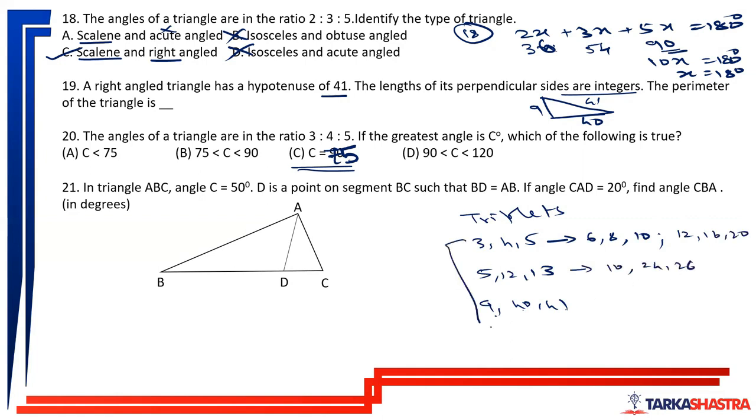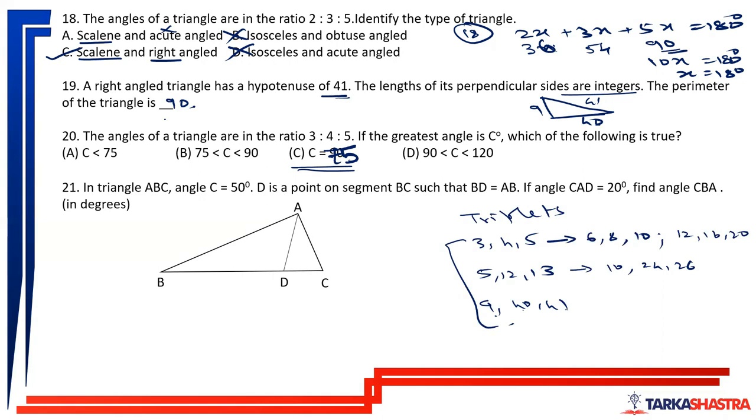So these are your basic Pythagorean triplets. Now coming to the question, for the hypotenuse to be 41 and the other two sides to be integers, this is the only possible values, 9 and 40. The perimeter of the triangle would be, in that case, 40 plus 9, 49 plus 41, 90. Perimeter of the triangle would be 90. And this is how you have to solve it or understand it.